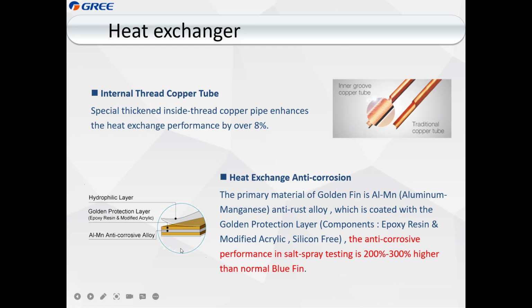Does this unit have the anti-corrosion performance? Because we adopt this material, this material has the certificate, but for the whole unit, during development, we do the test in the factory, in the GRI laboratory.